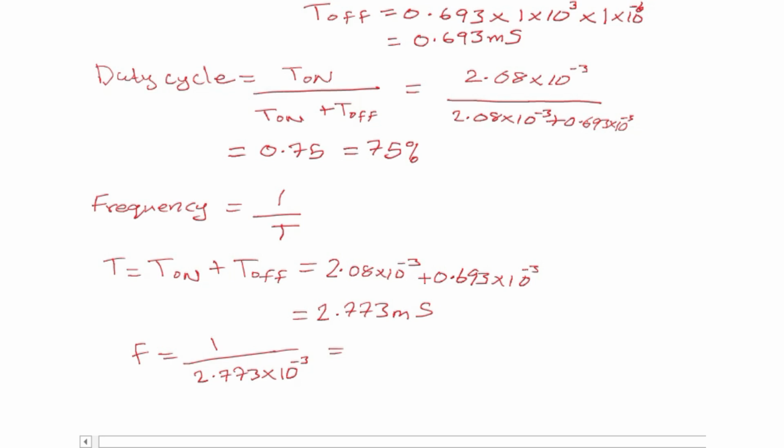When you press it in your calculator, you're supposed to have a frequency of 360.62 Hertz. We have now gotten our frequency, our duty cycle, time on and time off.